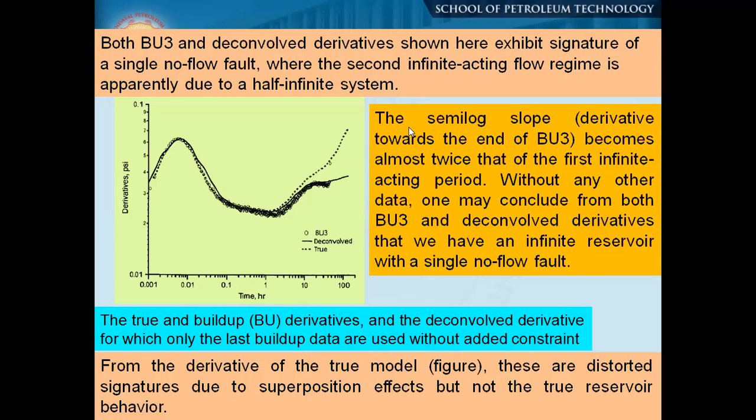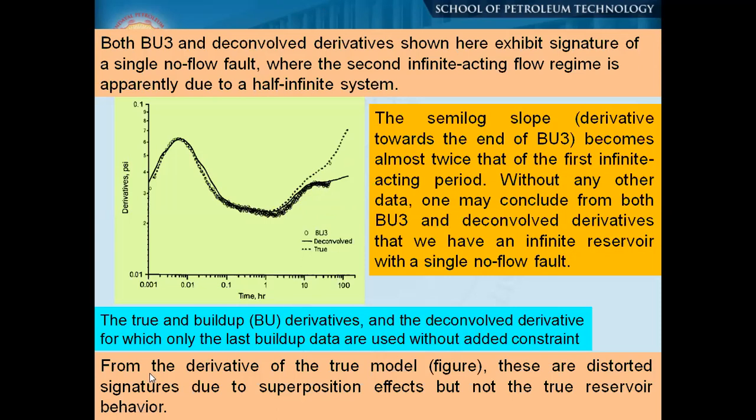The semi-log slope derivative towards the end of BU3 becomes almost twice the first infinite-acting period. So this is the infinite-acting period. Without any other data, one may conclude from both BU3 and deconvolved derivatives that we have an infinite reservoir with a single no-flow fault. Here you are not getting the second part.